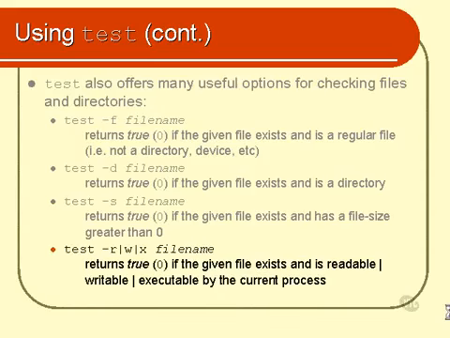And then we've got test minus R or test minus W or test minus X, which will return true if the file exists and is readable or writable or executable, depending on whether you specified minus R or minus W or minus X. And it will only test to see whether it's readable, writable or executable by the current process, meaning that the file may indeed be writable, but if it's not writable by this shell script, then you'll get a false value. Let's have a look at some examples of those.